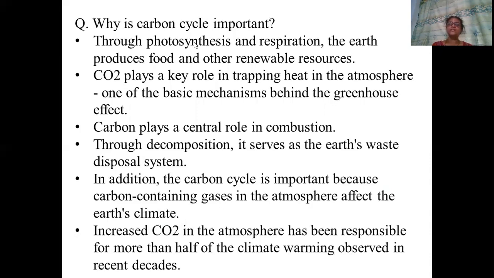Photosynthesis is nothing but conversion of inorganic carbon to organic carbohydrate. During respiration, the exact opposite happens. The carbohydrate is broken down into carbon dioxide and water, releasing some energy which is trapped by the molecules inside the cells. So these two processes are the key factors of the carbon cycle.